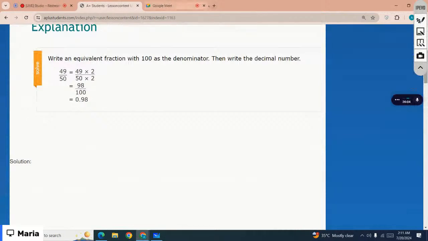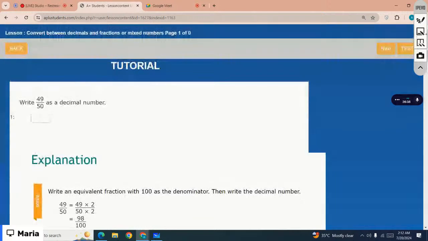That's how you convert a fraction to a decimal, right? Okay, let's just start with the test questions.